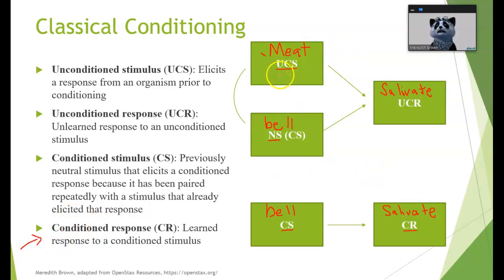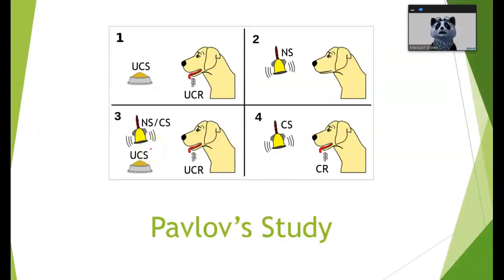But if it says, in Pavlov's famous study, when the meat powder was paired with the bell, the salivation would be the unconditioned response. Okay, whenever this is around, this isn't what's causing it yet. This is what's making it happen. So the meat causes salivation. All right, and here's a kind of a breakdown of Pavlov's study.